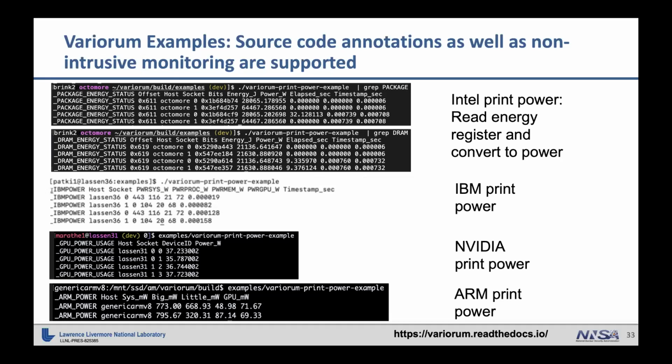And in order to convert that to power, we're reading this value twice and then taking the difference over the time elapsed between those reads. And so that's why, in particular for the package energy, you're seeing the initial read of the energy at this particular timestamp, and the watts will be 0. And then we read the package energy again in order to convert this to watts.